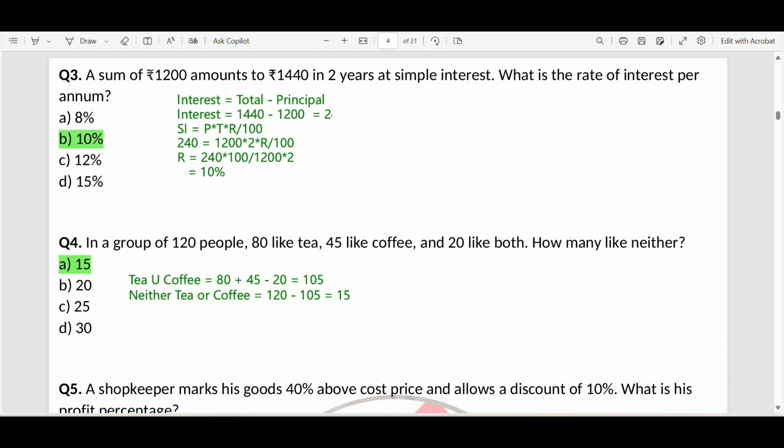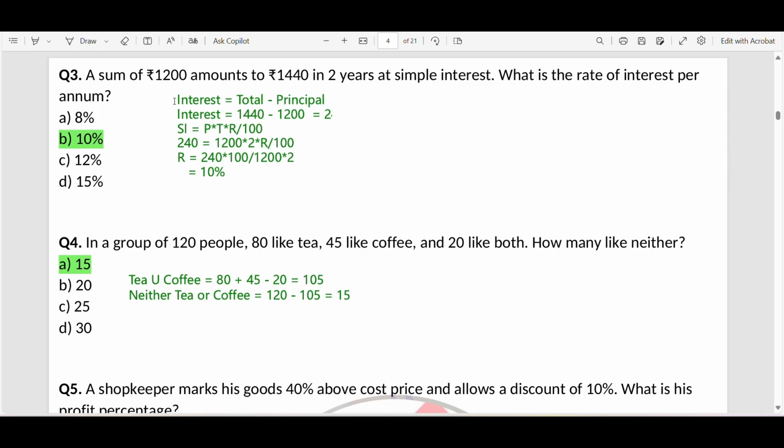This 1440 is a summation of the principal amount 1200 plus the simple interest also, for the 2 years time period. And what is the rate of interest per annum? See, at what rate of interest did person 1 give 1200 rupees to person 2.